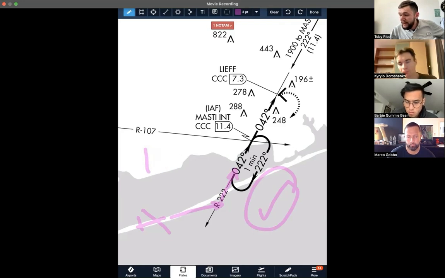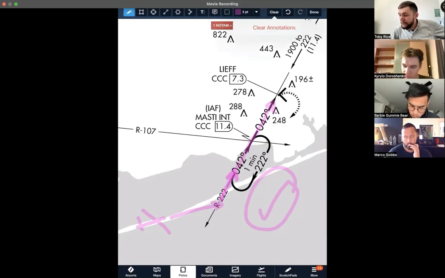So if they vector you to the radial, and once you're on this radial they say you're 3 miles from Masti, cleared for the approach, they vectored you. That means you can just go straight in. And that works because you're stable all the way in. That's the only way I would think that would be a good idea. But otherwise, vectors would be good.